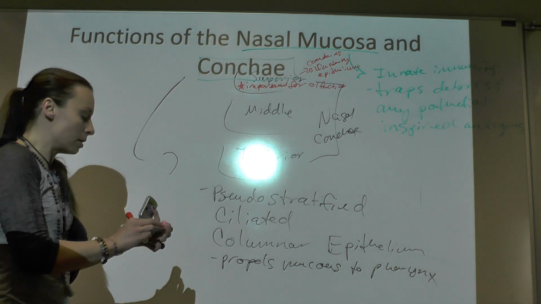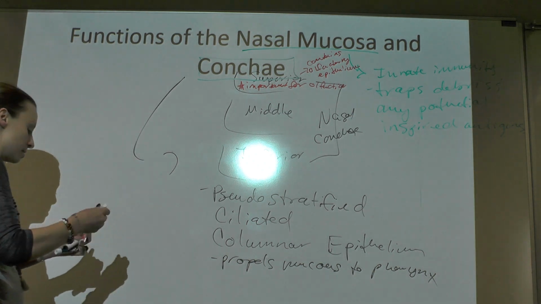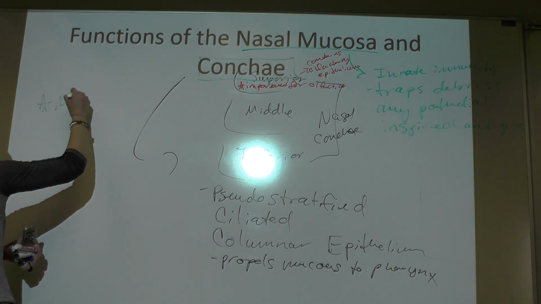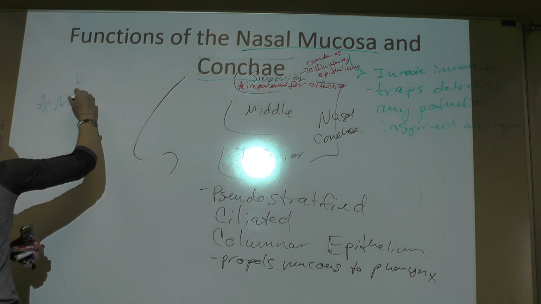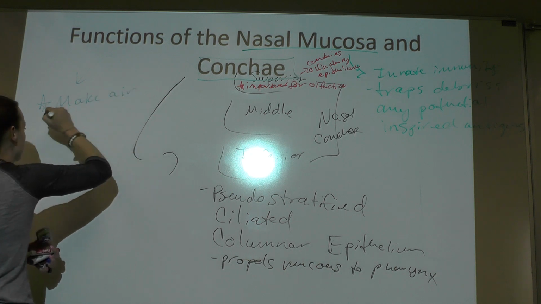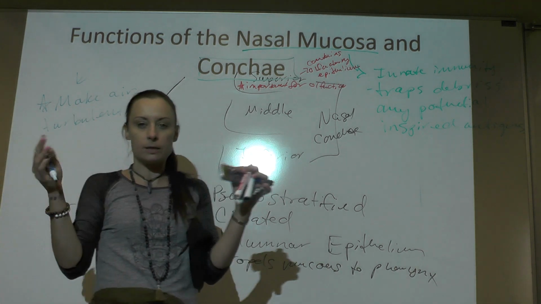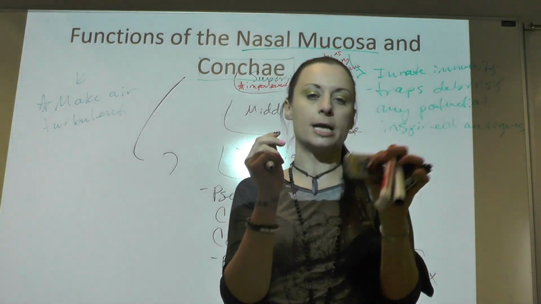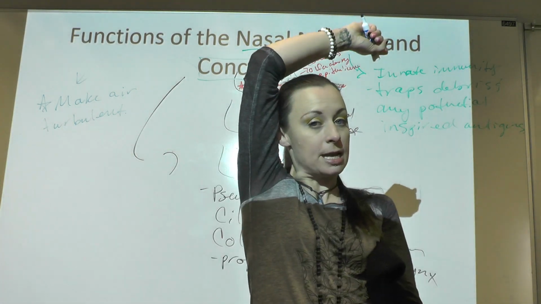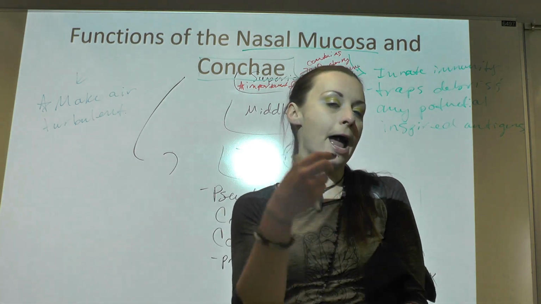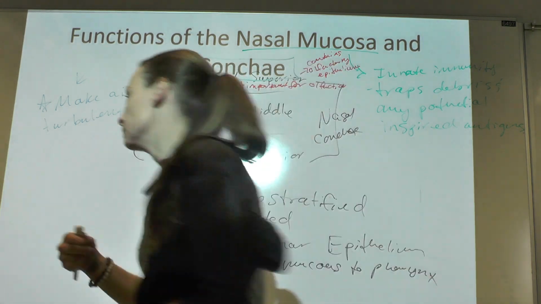Okay, then all of the nasal concha, their job is to create turbulence. So they make the air turbulent. Why is that important? Well, when it's turbulent, then we can whack it into that mucous membrane, and that's going to do a couple things. It's going to help with this innate immunity function, but it's also going to help to humidify and warm the air.